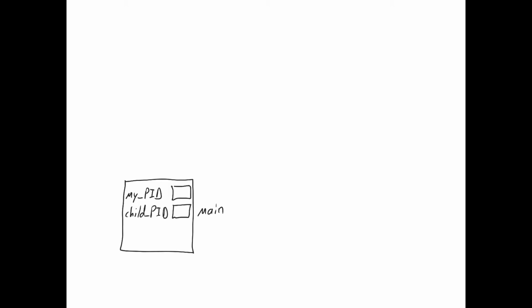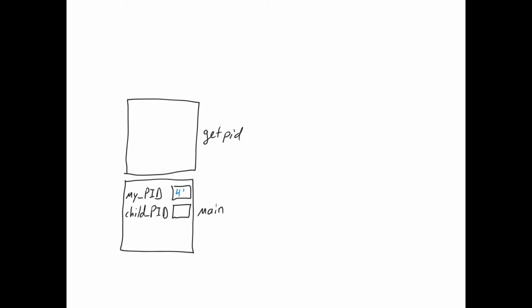And we fill in myPID by making a call to the getpid function. We don't know exactly what happens in this function call, so we're not going to fill in its stack frame, but we know that when it returned, it gave us back a PID ending in 41 that we filled in for myPID.